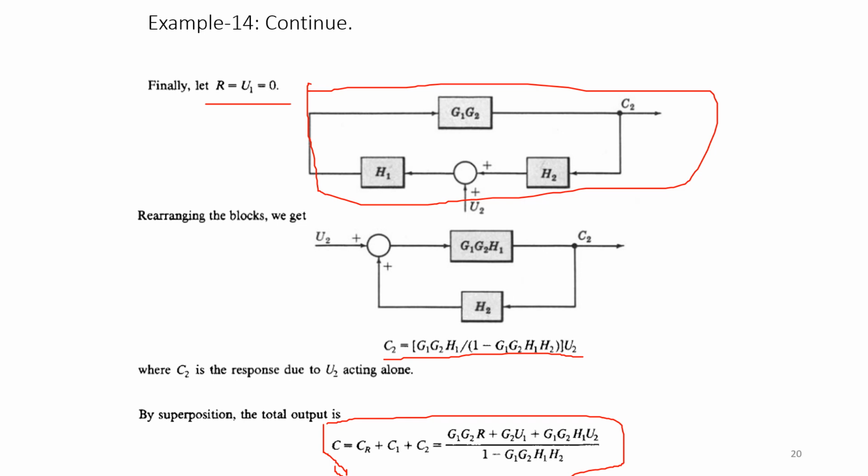Totally you need to add, and if you simplify, your final output response is taken as G1 G2 R plus G2 U1 plus G1 G2 H1 U2, multiplying the corresponding inputs here, divided by 1 minus G1 G2 H1 H2. So this is how the total response for a system with multiple inputs could be analyzed for a given system using the block diagram reduction rules.